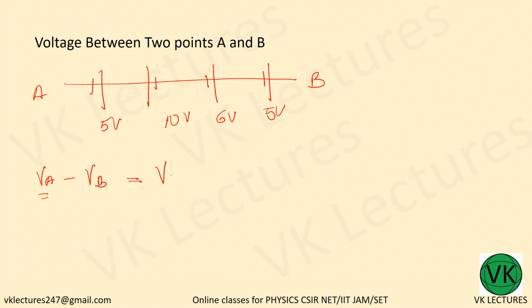That is nothing but VAB. VA minus VB is nothing but VAB. That is what we have to find. If we are finding from A to B, write down all the voltages with their corresponding terminals in order: minus, plus, minus, minus. Minus 5, plus 10, minus 6, plus 5. This much volt.